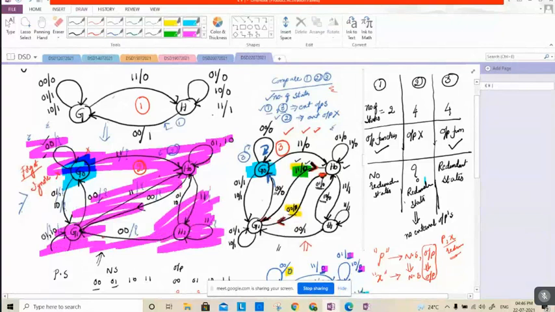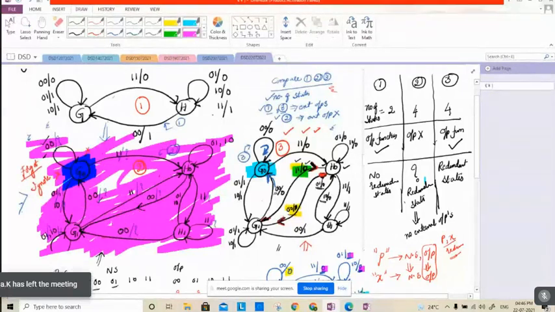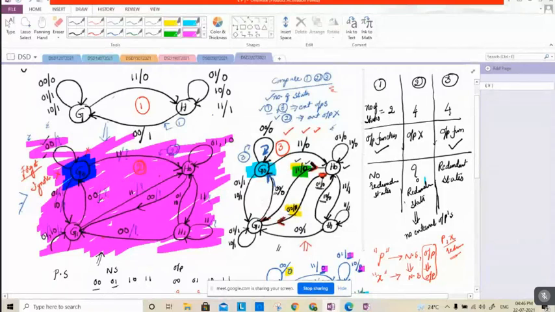State diagram 3, is it useful or not useful? We have 3 state diagrams. That's the reason I asked you to go through the previous notes.